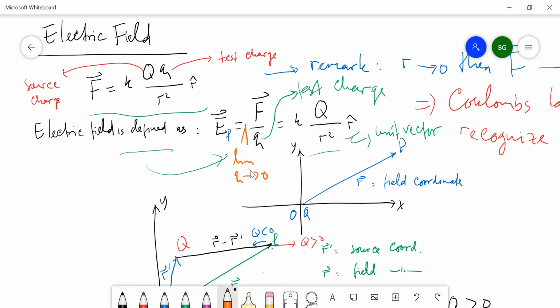So kQ over r squared times r hat is the electric field of the source charge Q at the point P with distance r. This r hat we call the unit vector. Why? Because the magnitude of the vector equals 1, so the magnitude of r hat is equal to 1.